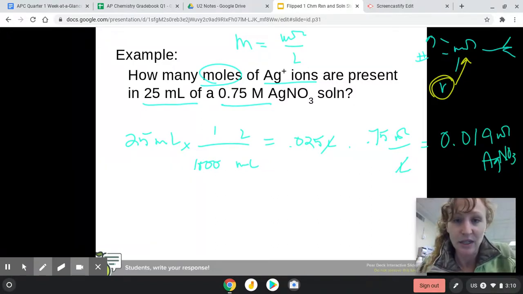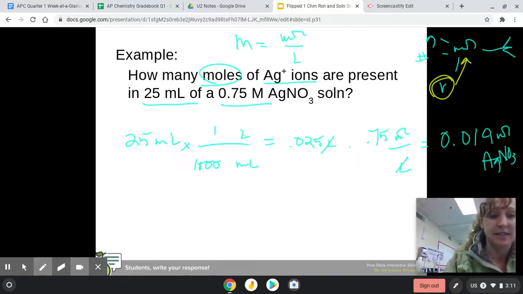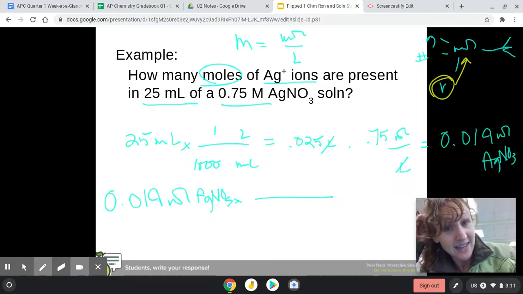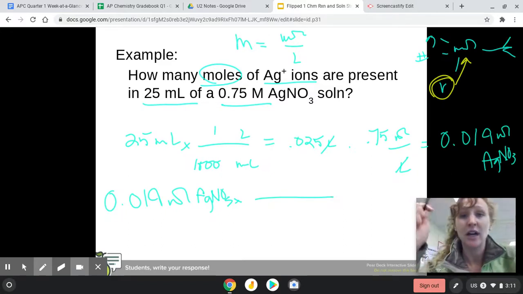Nope, it's not, because you don't want moles of silver nitrate. You want moles of silver ions. Super important to label your work with the ions and compounds themselves so that you catch mistakes like this.